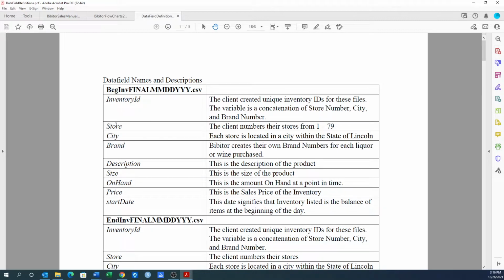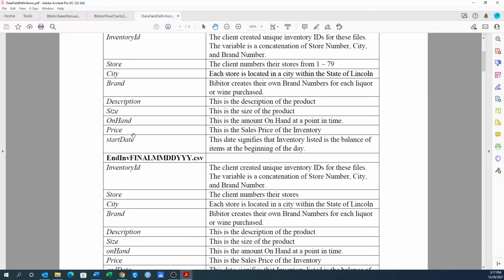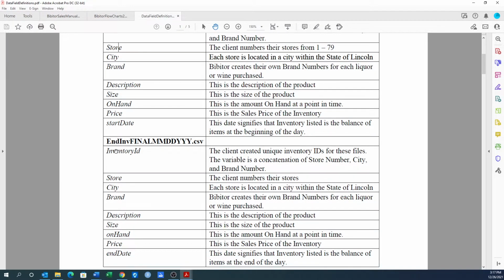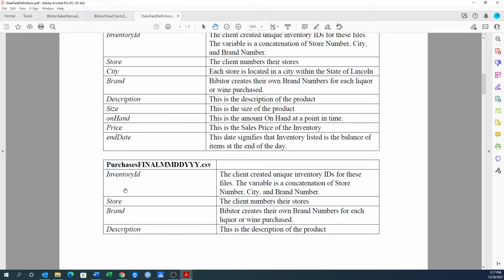This variable store may exist in a variety of different tables. It clearly exists in the beginning inventory file. It looks like it also exists in the ending inventory file. In purchases, store shows up again, and this is assumed to be purchases that we're getting from different vendors.